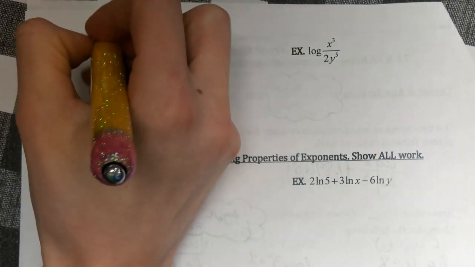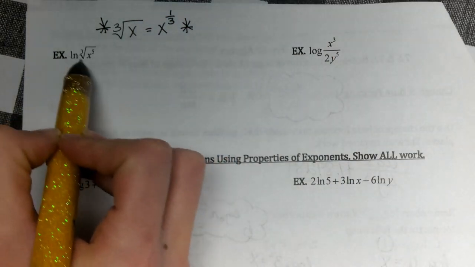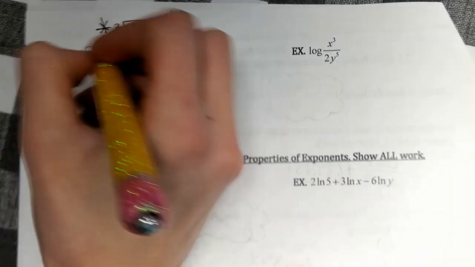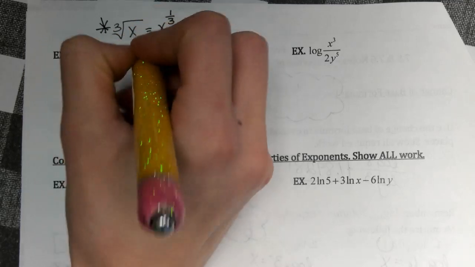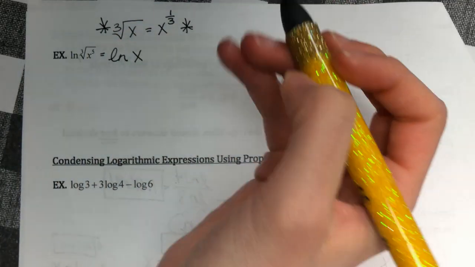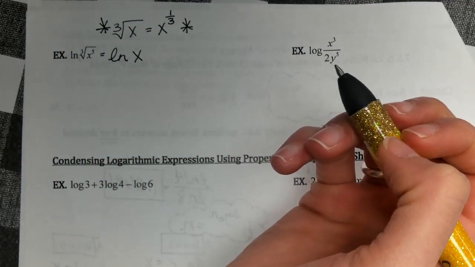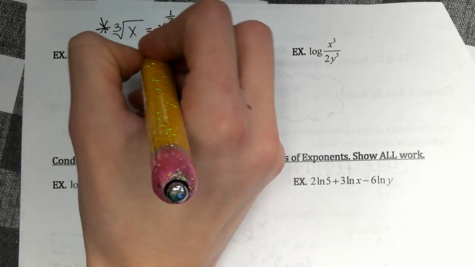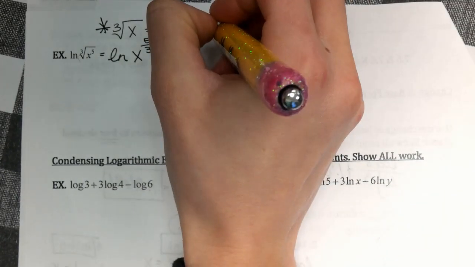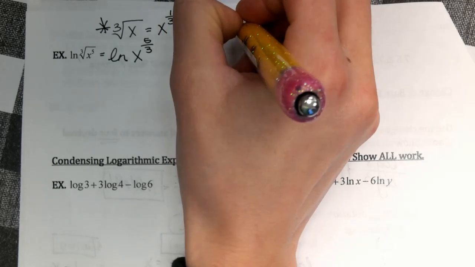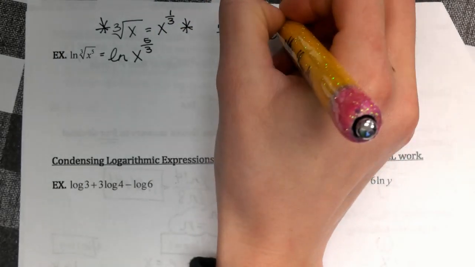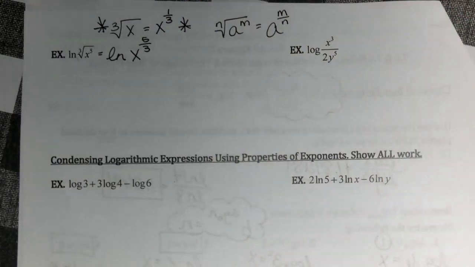Okay, so you're going to use this knowledge to figure out how do I simplify this. So this is the same as the natural log of x to what power? 5/3. Okay, because your rule, the nth root of a to the m power is a to the m over n. Okay, so that's what we just did with the cube root of x.